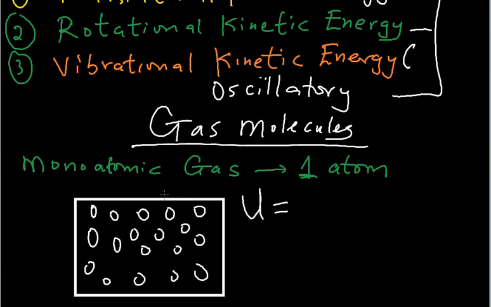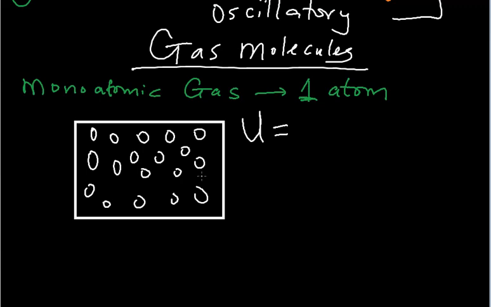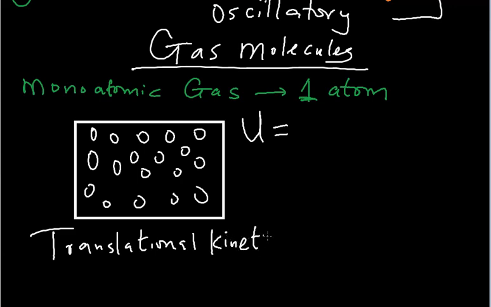For a gas with just one atom, each atom possesses translational kinetic energy, because according to gas laws, individual gas molecules move in a straight line, colliding with each other and with the walls of the container.